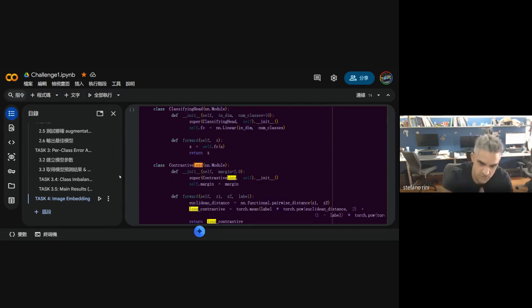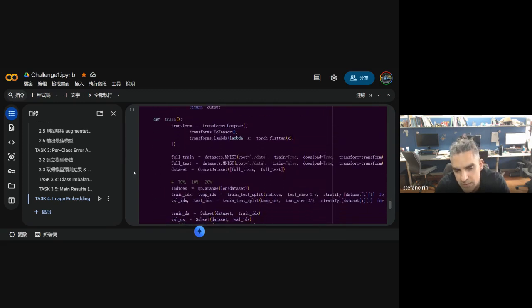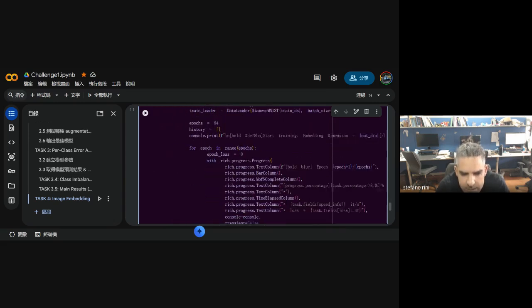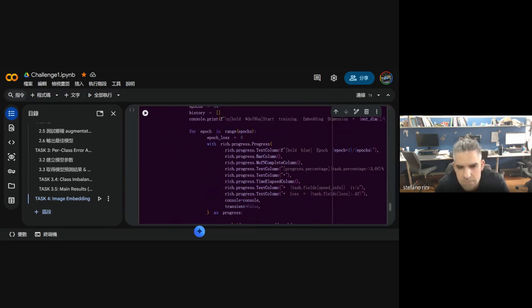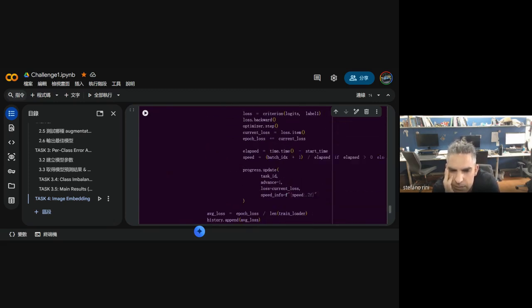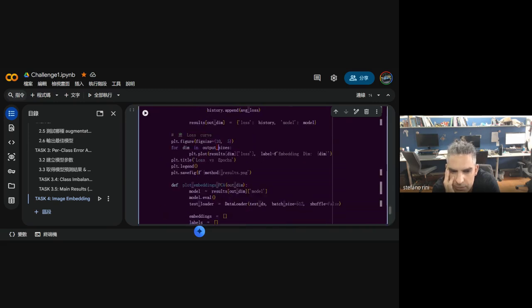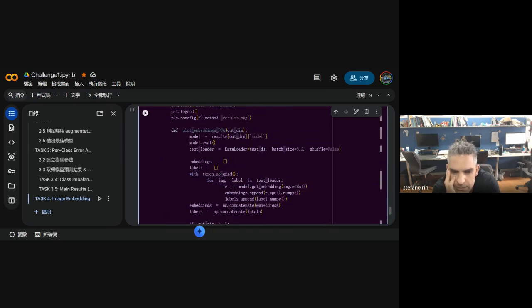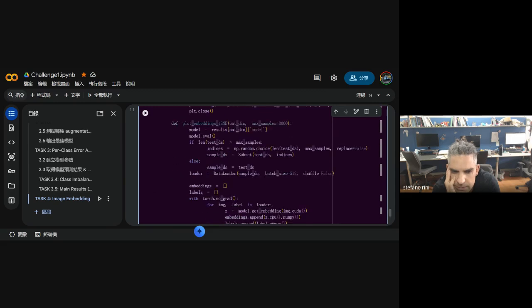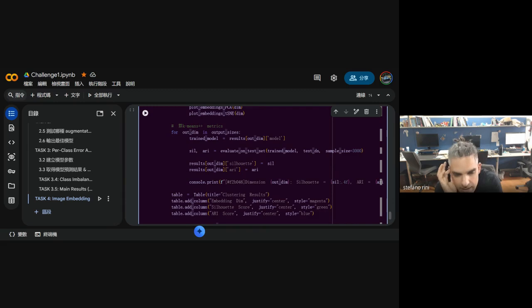Evaluate. So it is already trained. And there should be a point where you have the output of the network, which is Y, right? Train, okay. It should be a criterion, train loader, console history. Optimize the current loss, time, model evaluation loader, plot, plot embeddings, t-SNE, I see, okay.